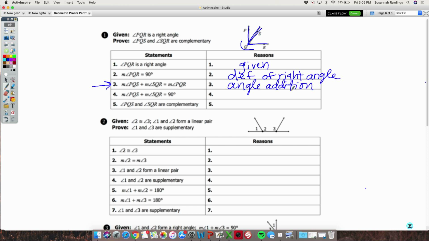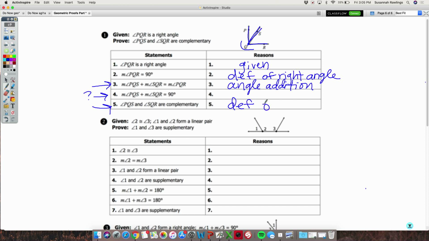Okay, number 4 says they are equaling 90 degrees. That came from an earlier step, so maybe we're not sure about that one right now. Let's look at the last one. We said if they equal 90 degrees, then they are complementary. Look at your word bank. Definition of complementary tells me if they equal 90, then they are complementary.